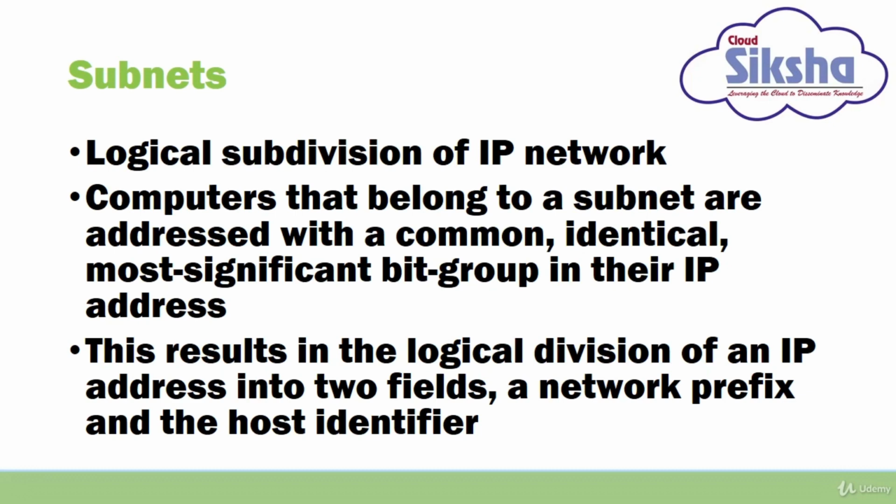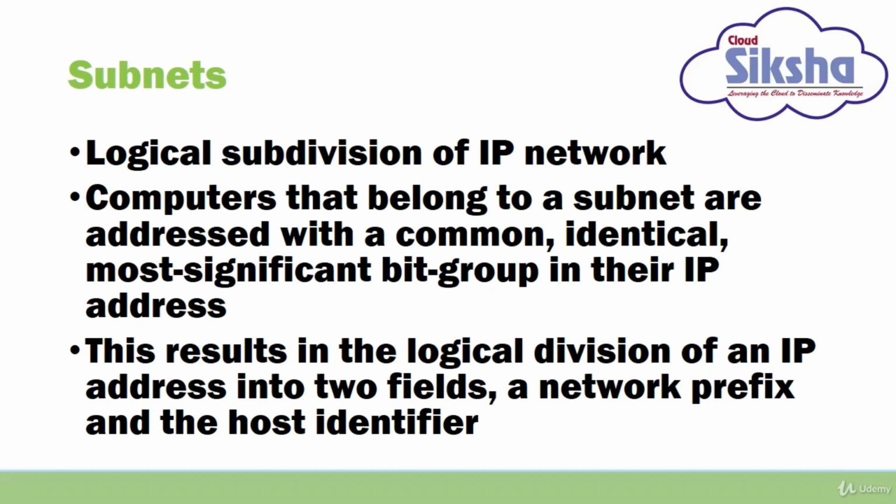One is known as a network prefix and the other is known as a host identifier. The network prefix is what I called the most significant bit group, and it will be the same for the complete subnet. Only the host identifier will keep changing from server to server within that particular subnet.